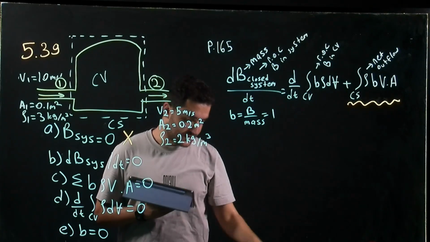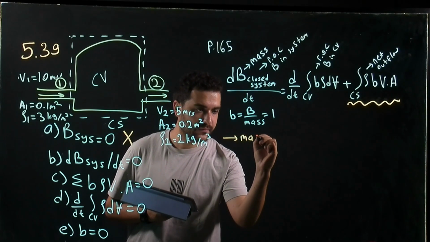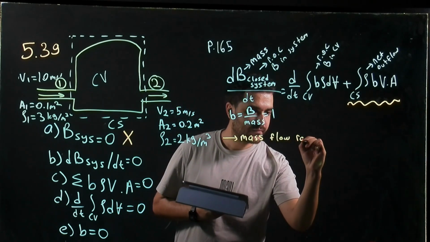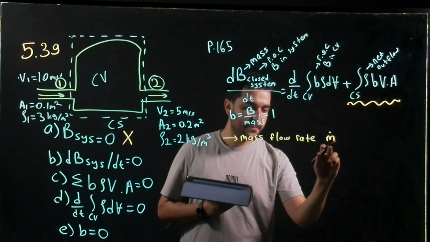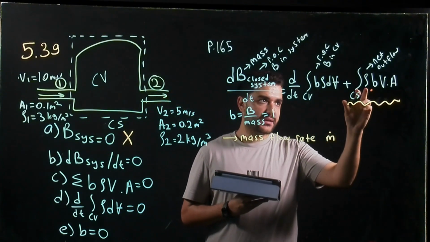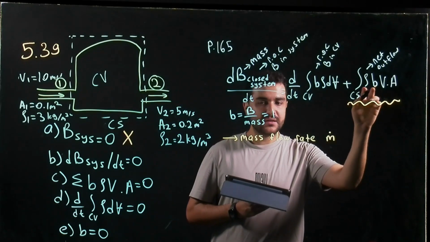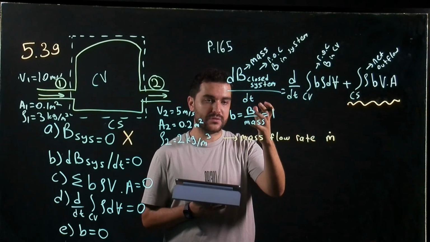So we can show it with mass flow rate, m with a dot. And as you can see, we have rho VA and b, but as I mentioned, it is going to be 1 for this case.